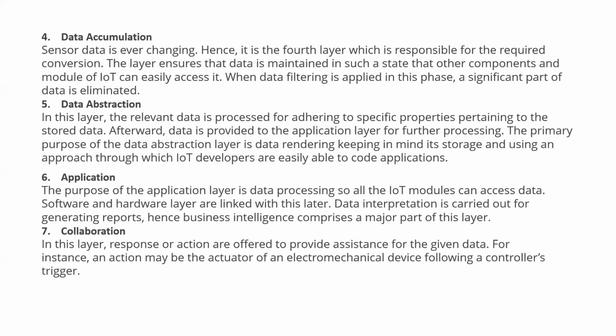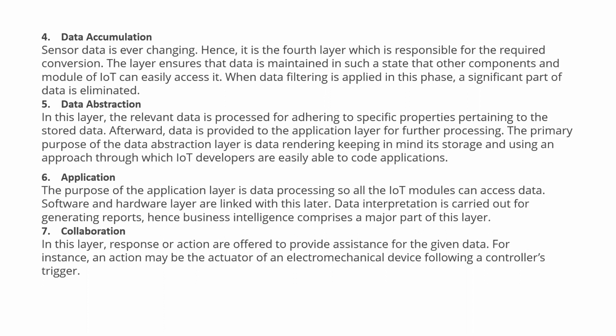The data which is available from the data abstraction level, that is only required data, is forwarded to this layer. So this layer carries out interpretation of this data. A large amount of data is created by devices in Internet of Things, and that data is filtered, and only the useful or required data is provided to the application layer.